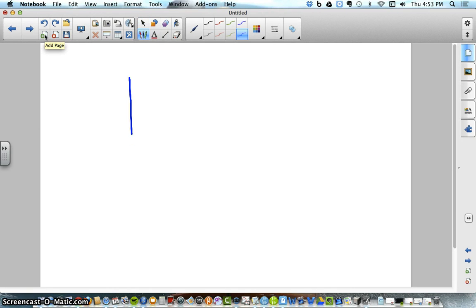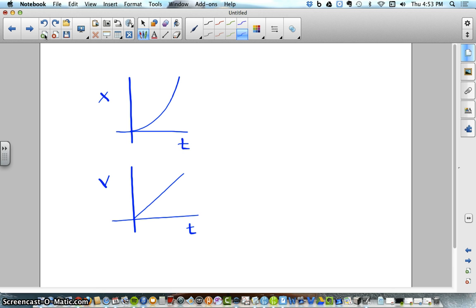We tried to model a speeding up motion, and on our position time graph, we got this beautiful curve. And on our velocity time graph, now, as you can see, we're getting this beautiful straight line. Let me go through how you did that with Logger Pro.